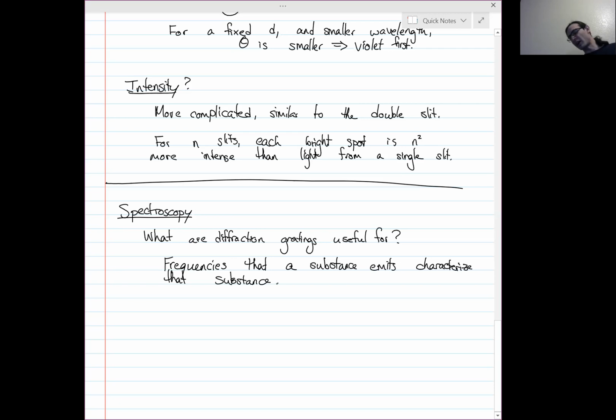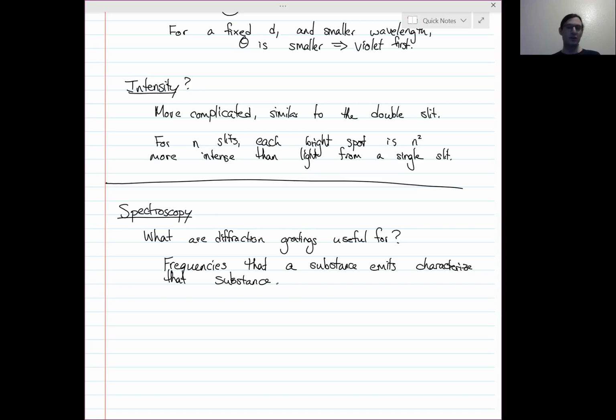So what I mean by that is if you know the set of frequencies that a substance can emit, and there would be a lot of them for any complex substance, even something as complicated as water has a large emission spectrum. If you know those frequencies that substance emits, then you can basically, with a very high degree of accuracy, determine what that substance is made out of.